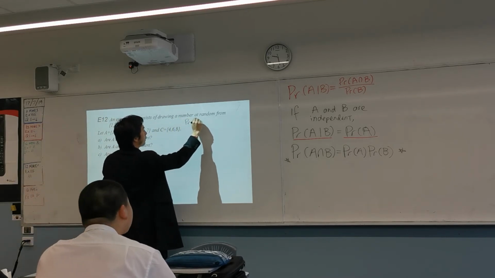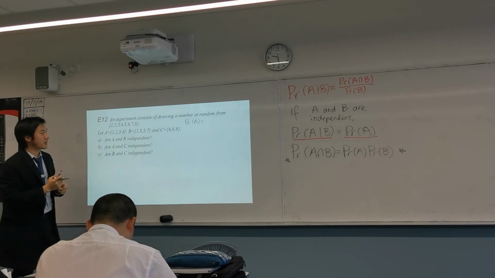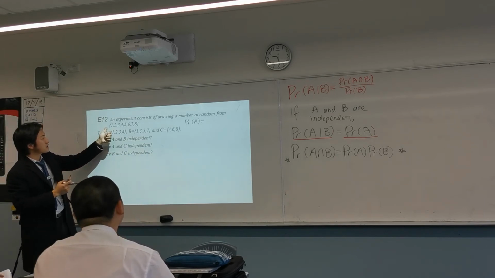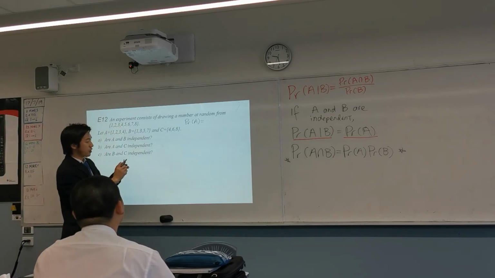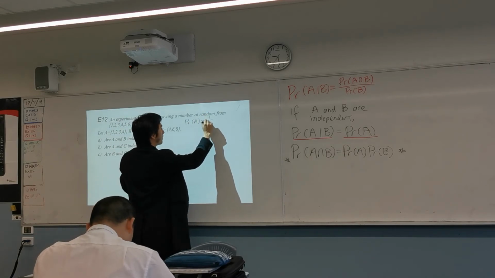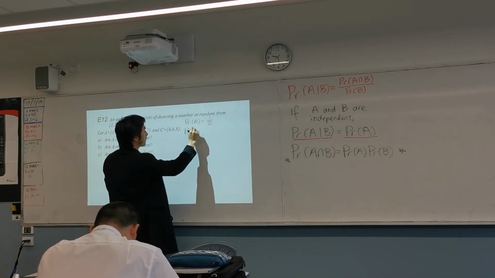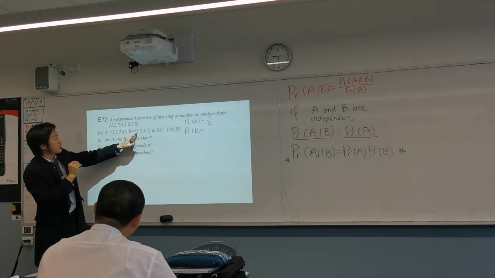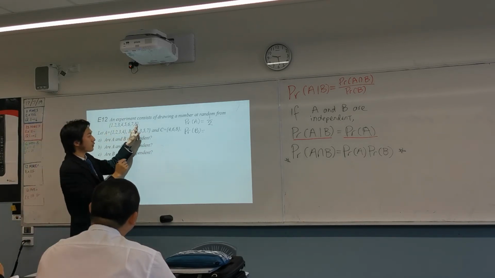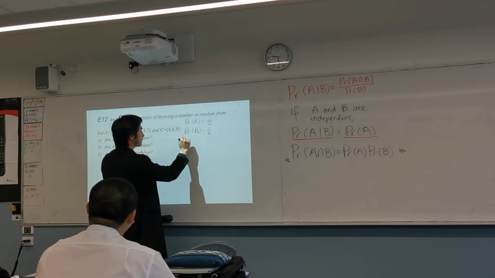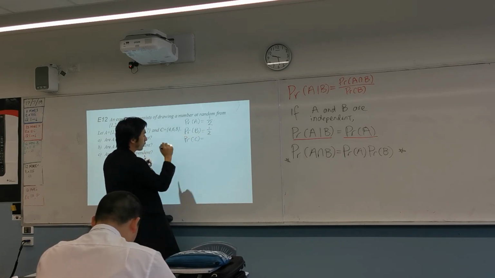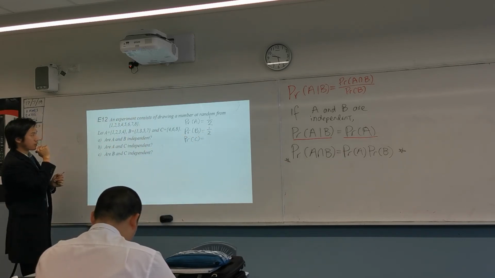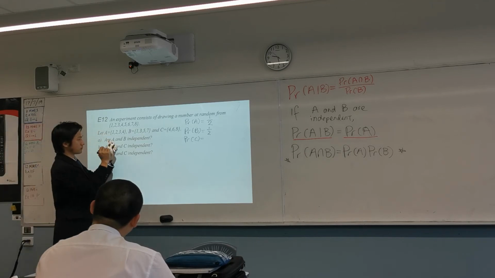The probability of selecting a number that satisfies event A is the 4 numbers out of the 8 in total, which becomes 1/2. The probability of B is also 4 out of 8, which is 1/2. For event C, it's 3 out of 8.